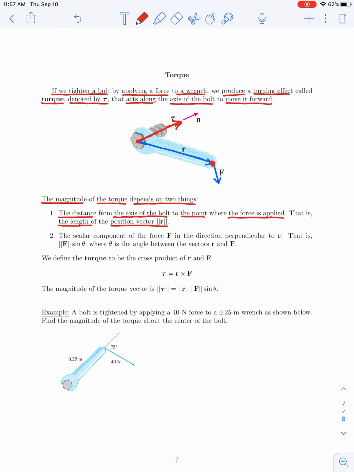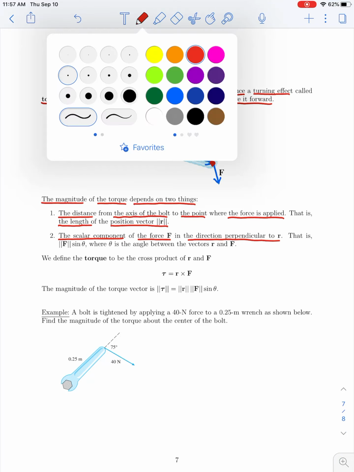And the second thing that the magnitude of torque depends on is the scalar component of the force F acting in the direction perpendicular to R. So let's see if we can express what exactly we're referring to here.